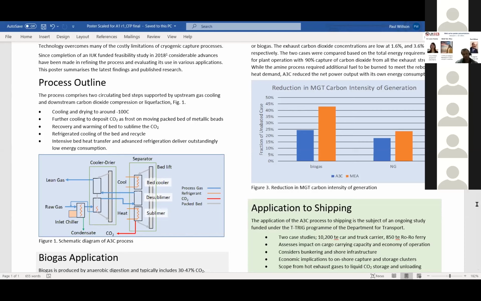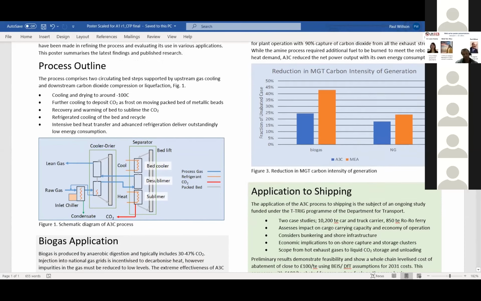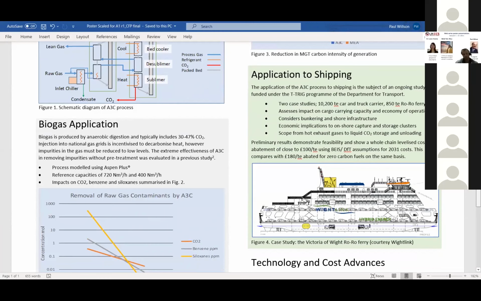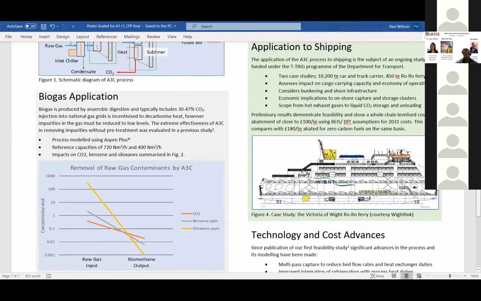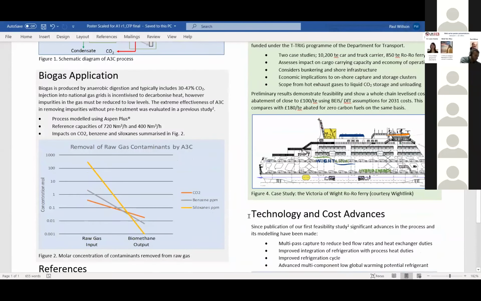In the last couple of years, we've done a series of projects published in various papers internationally. The first one, which Carolina Font Palmer undertook the work on with us, is on biogas, where biogas typically contains 30 to 50% carbon dioxide alongside methane, but also contaminants such as hydrogen sulfide, benzene, and siloxanes.